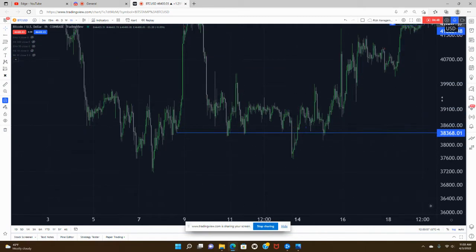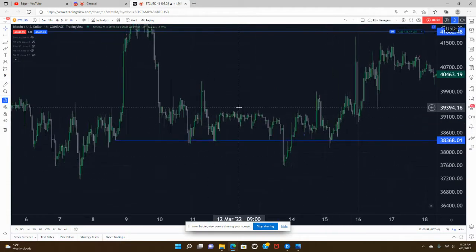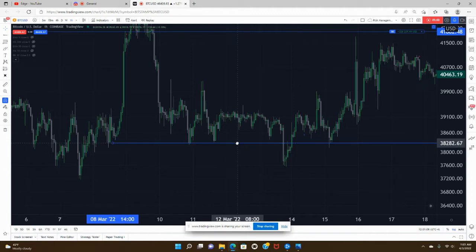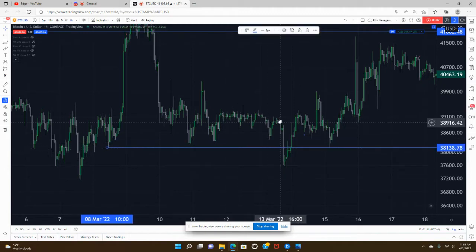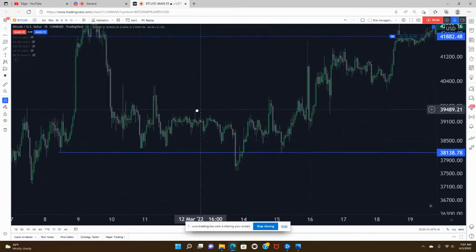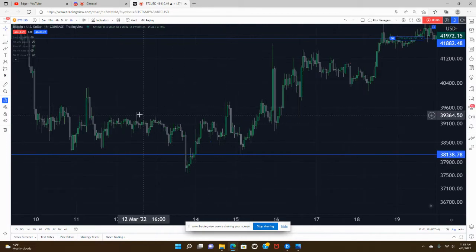But this is a good example of an area that gave me an opportunity to get back in a trade. I got stopped out on this move, I believe. I think my stop was actually at this low here. So I got stopped out. But then I see price run back up above these highs right here, and you get that whipsaw behavior.